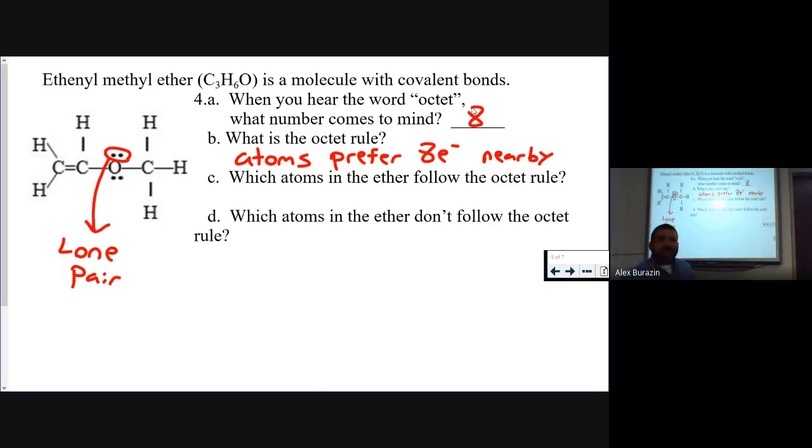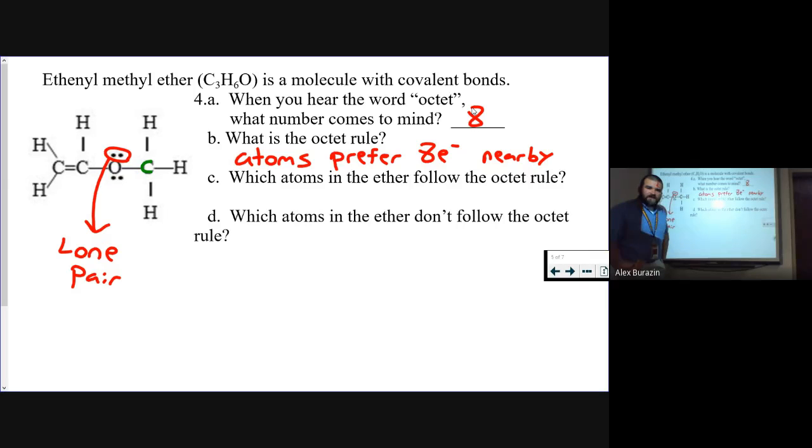Okay, so let's look at this. We can analyze how many electrons are nearby these atoms by observing all of the dots and dashes in the vicinity. Now, if I look at this carbon, let's look at this carbon over here, this guy, okay? That carbon right there has 1, 2, 3, 4 dashes coming off of it. In other words, it has 4 covalent bonds attached to that carbon.